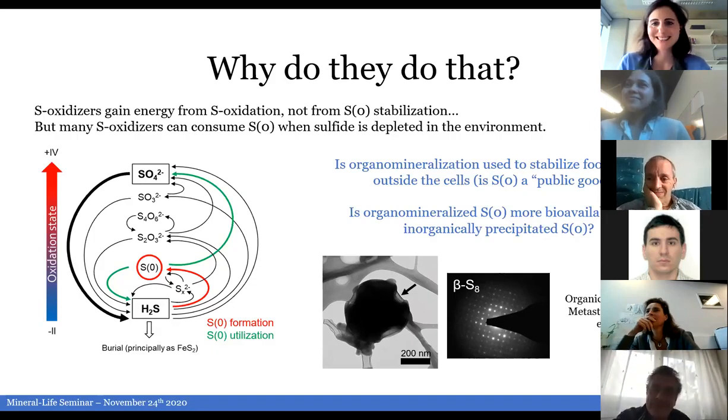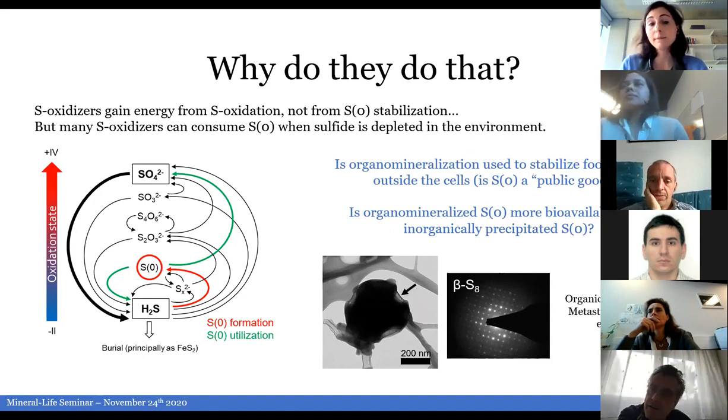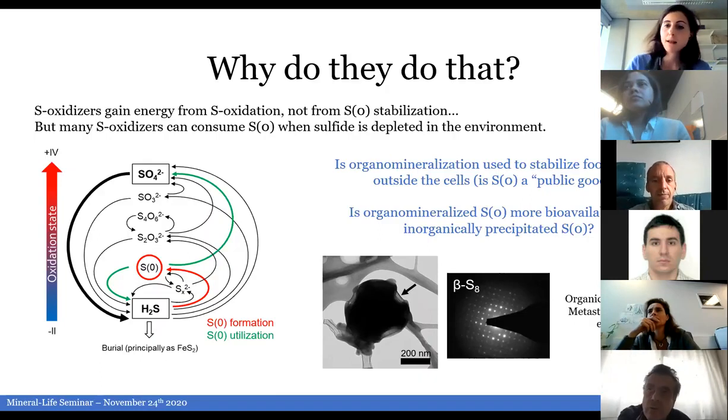Thank you for the great presentation. Very interesting, and especially the questions you raised at the end. I think this is really fascinating, the relation of these extracellular minerals with the evolution of the ecosystems. Just before my question, one thing I would like to add, because I'm working on that right now, is that these extracellular minerals, maybe not in the case of sulfur, but for instance in the case of iron sulfide, are obviously catalysts of very important reactions which can directly affect the metabolism. We are publishing a paper now exactly about that.